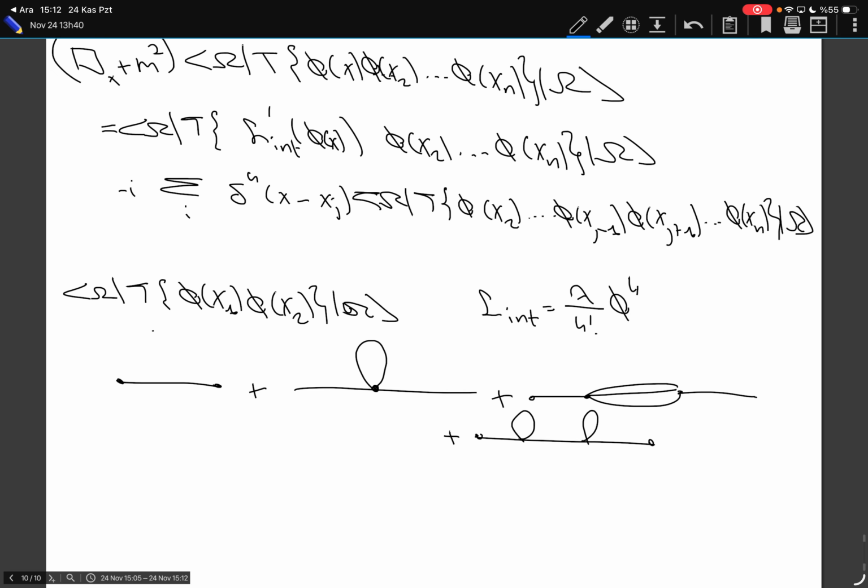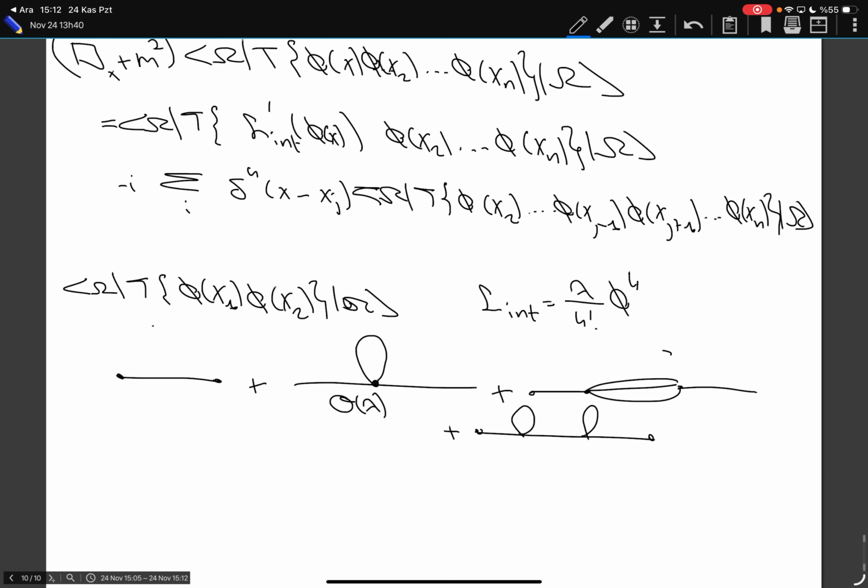This term is of the order of lambda. These two are of the order of lambda squared. There are two interaction potentials. Plus I have all higher order terms. This we already know from our earlier discussion about the Feynman diagrams using the Wick theorem.